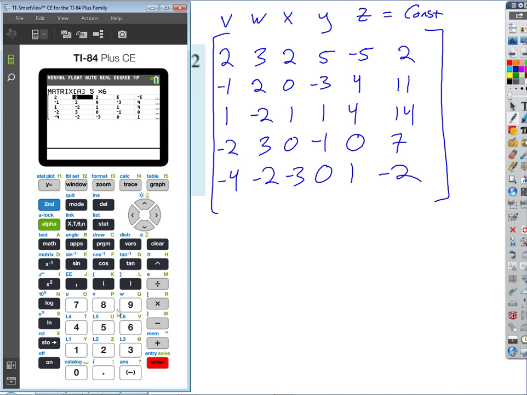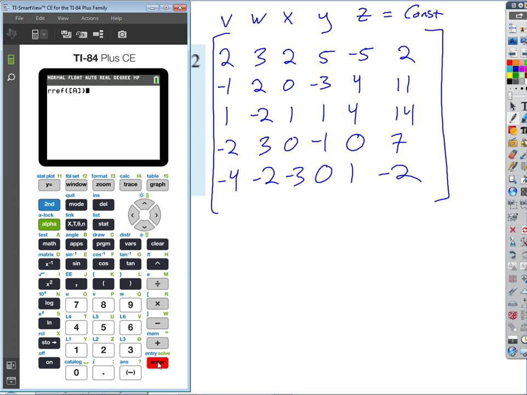Okay, I forgot to quit. You've got to quit, get completely out of the matrix. Then you go into the matrix screen, go over to math, go up to RREF, and I grab matrix A.